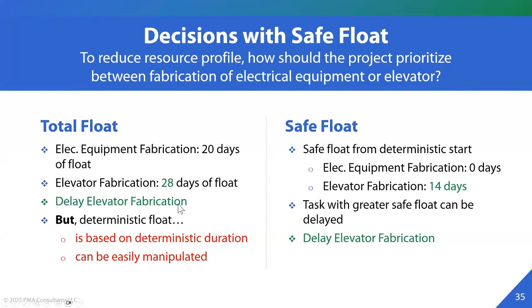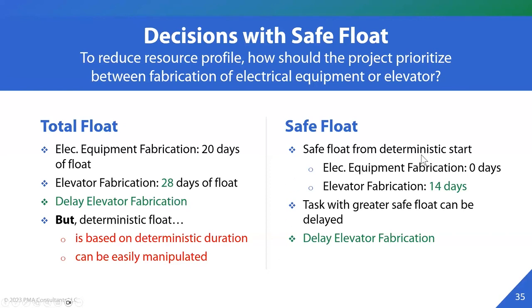But be careful over here, because these total floats are based on deterministic durations, one set of durations. And we all understand how easy it is to manipulate float availability in a schedule. We can use all optimistic durations and we have a ton of float on the path. We can use all pessimistic durations and there is absolutely no float in the path. So using total float just for prioritization might not be the best approach.